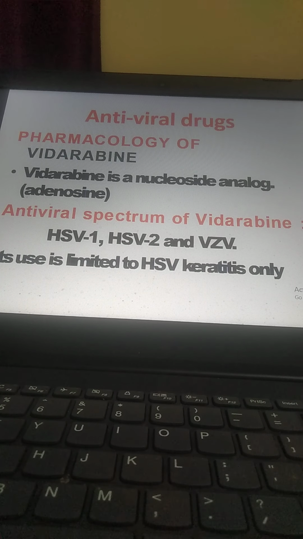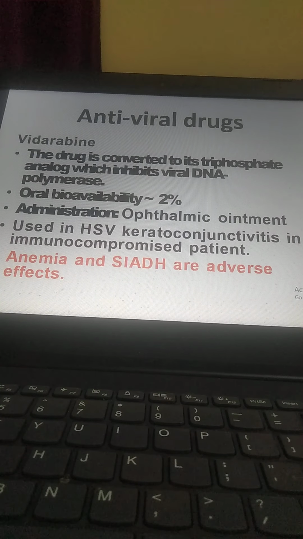And the pharmacology of vidarabine. Vidarabine is an adenosine nucleoside analog. The antiviral spectrum of vidarabine is HSV1, HSV2, and VZV. So its use is limited to HSV keratitis only. The drug is converted to its triphosphate analog, which inhibits viral DNA polymerase. So it is phosphorylated, becomes the triphosphate, and then inhibits the DNA polymerase.